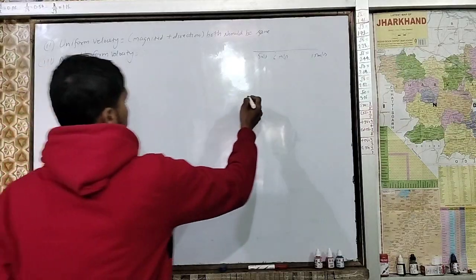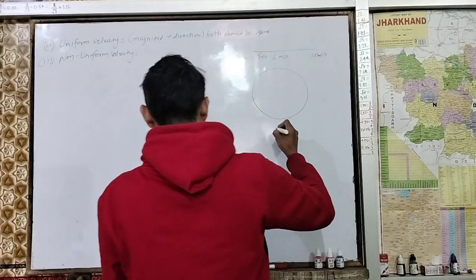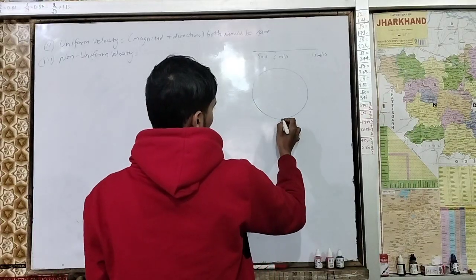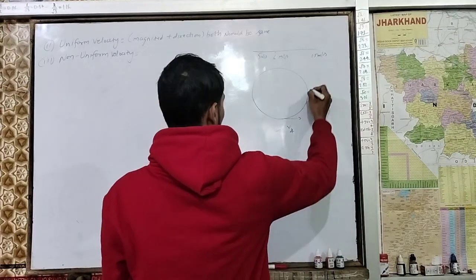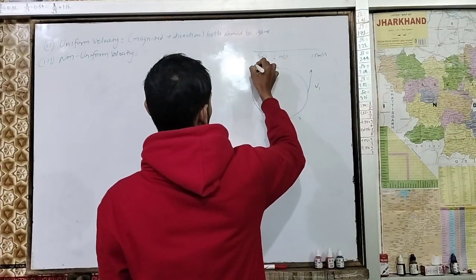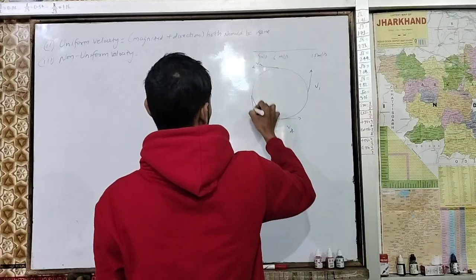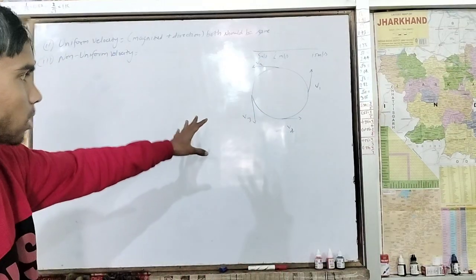For example, this circle. Over here velocity was v4, over here v1, over here v2, and over here v3. What are you understanding from this figure?